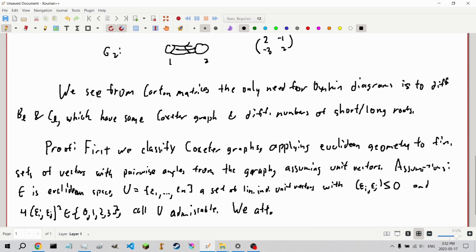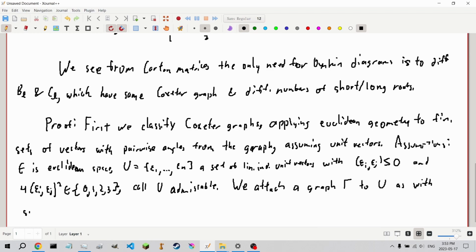So we attach a graph Gamma to U, as we did for the simple roots, with vertices i and j joined by 4(e_i, e_j) squared edges.